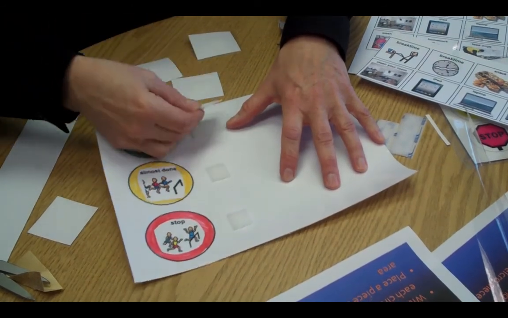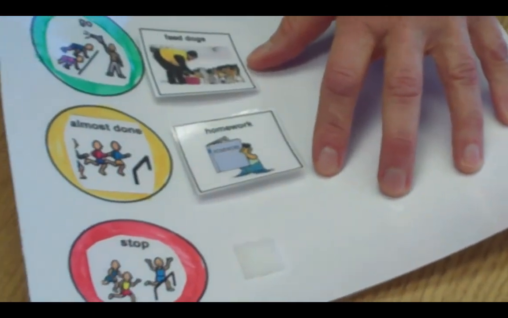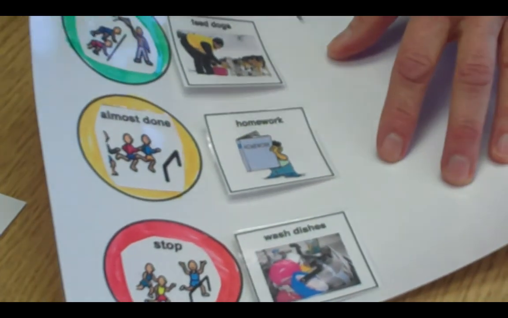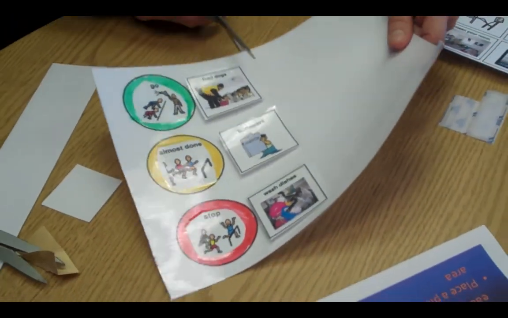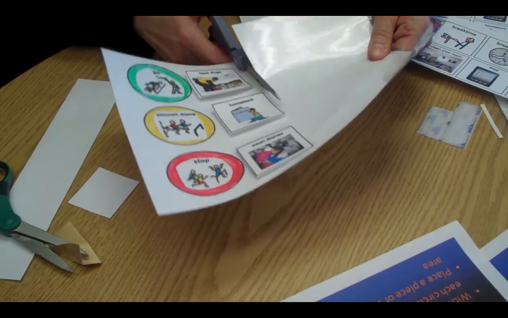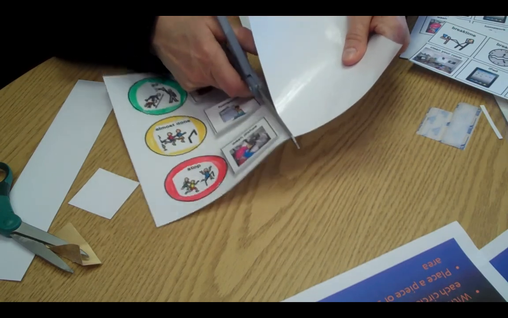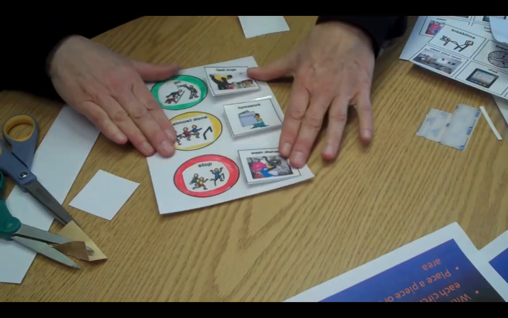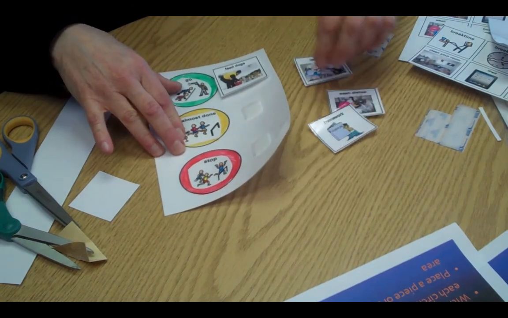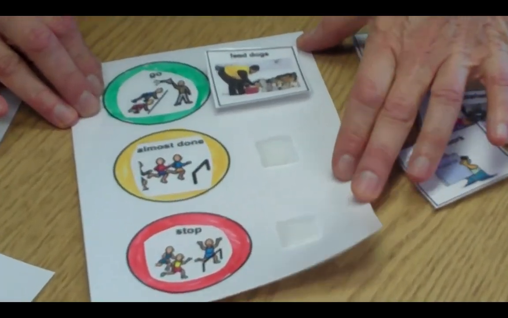Put these just down to see how well they work individually, and to take a gauge as to where I want to cut this off, just to make this a nice, easily held tool. So I now have 4 pictures I could use to help the person I'm supporting transition.